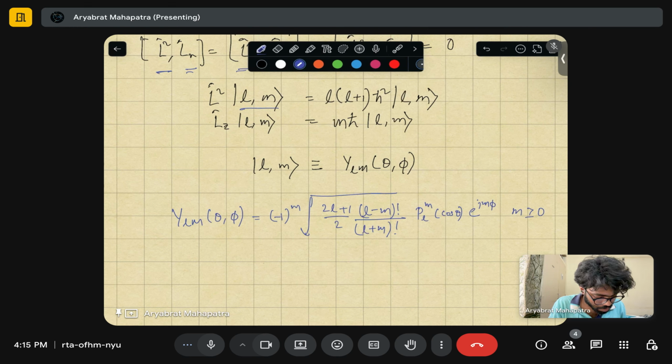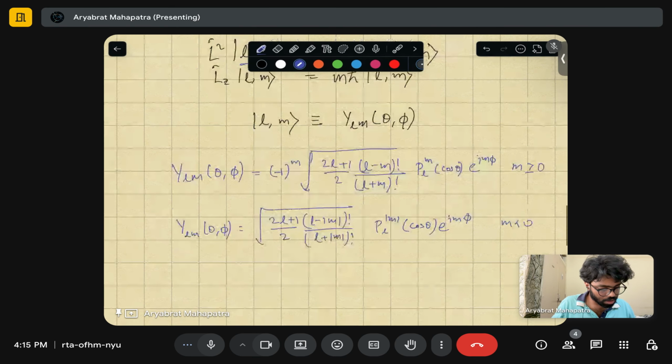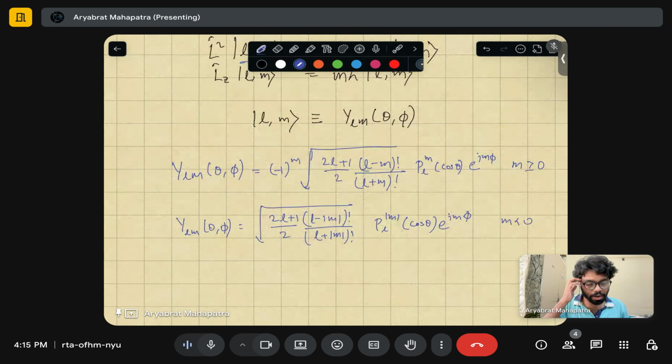If I write Ylm of theta and phi for m less than 0, it would be something like this: the square root of 2l plus 1 over 2, times l minus mod m factorial over l plus mod m factorial, then P l mod m of cos theta, times e to the i m phi, for m less than 0. So these are your eigen wave functions.